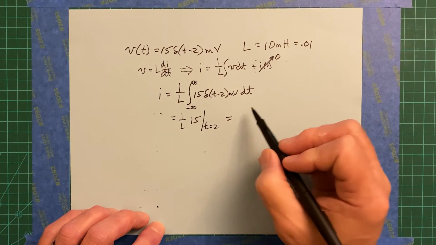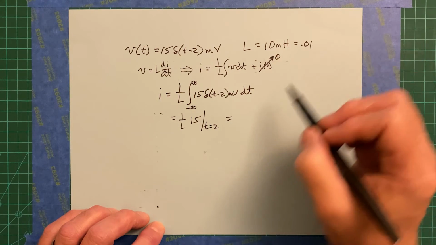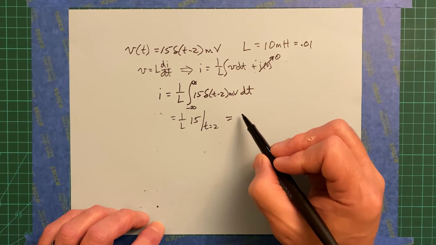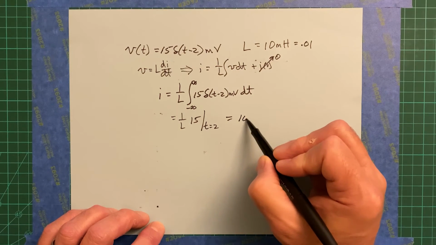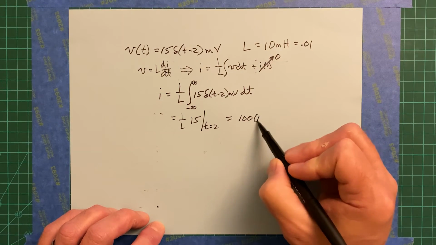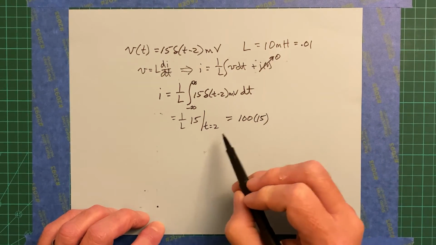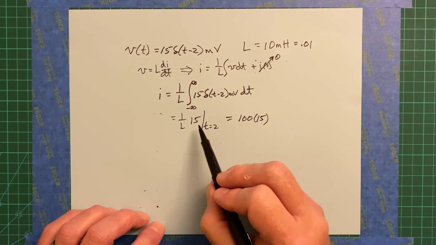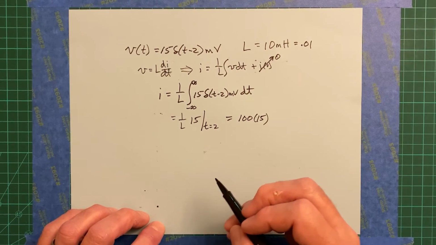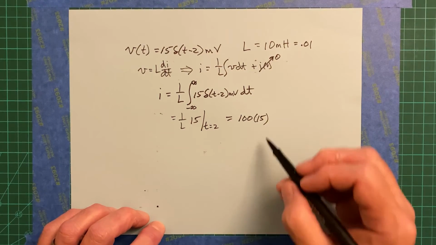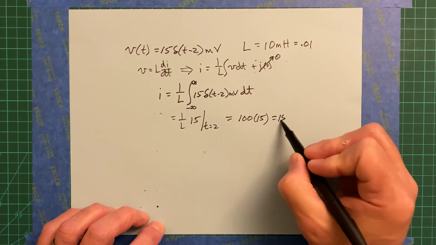So it's going to be 1 over 0.01, which is 100, times 15. Because there is no t to evaluate at t equals 2. 15 is always 15, regardless of what t is. So that's going to be 1500.